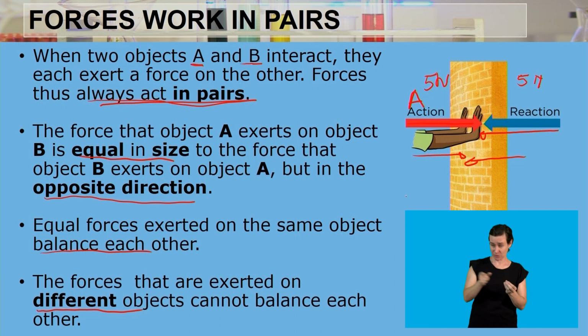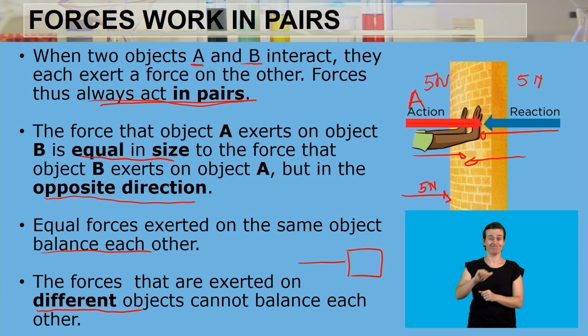If I apply a 5 newton force onto the wall, and then also apply a 5 newton force onto a block of a certain mass, these two forces, because they are applied on two different objects, even though they are the same, we can't say that they are going to balance each other out.